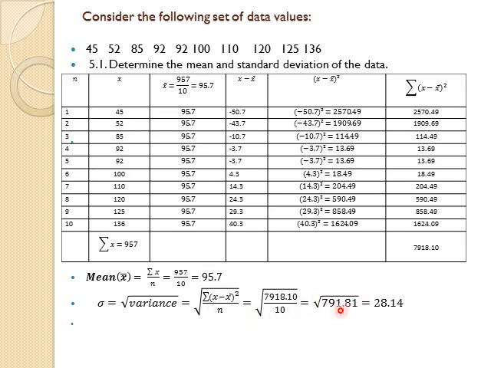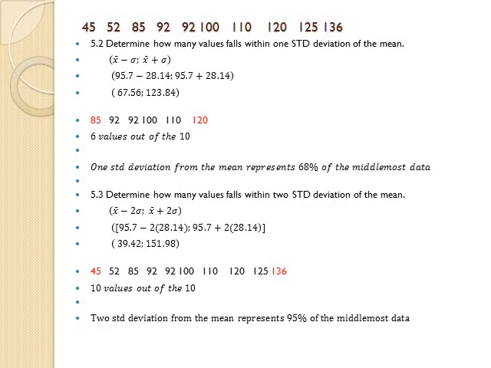It gives me the square root of 793.81. So my variance is 793.81. Square root of that gives me a standard deviation of 28.14. So that's a very long procedure for 2 marks, sometimes only 1 mark. That is why we prefer doing it on the calculator.